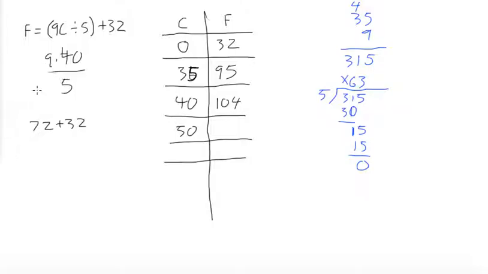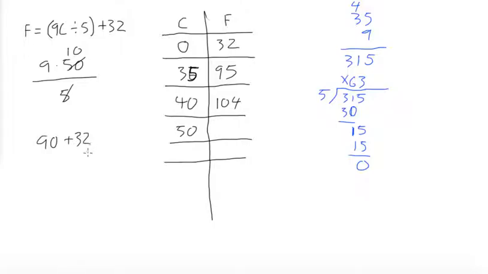All right. Let's do this last one. 9 times 50 divided by 5. Well, 50 divided by 5 is 10, so we can cross that out and turn it into a 10, right? So 9 times 10 is 90, plus the 32.